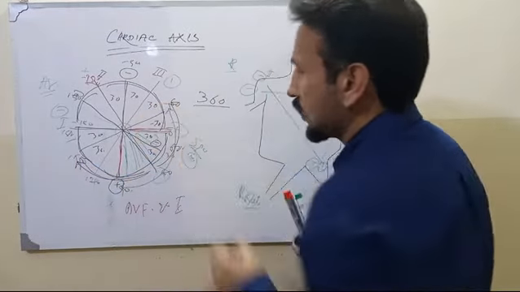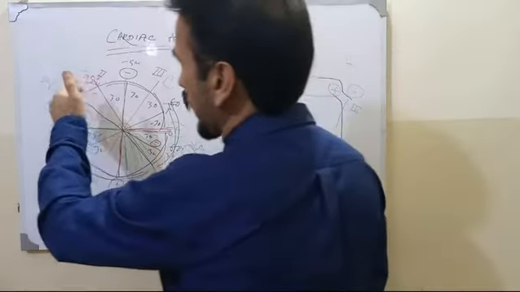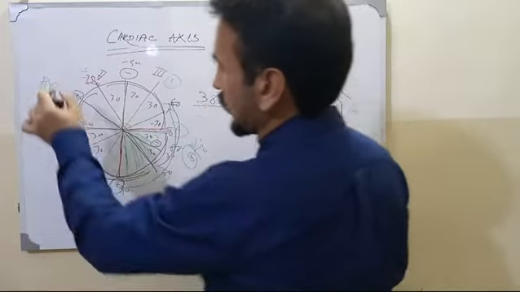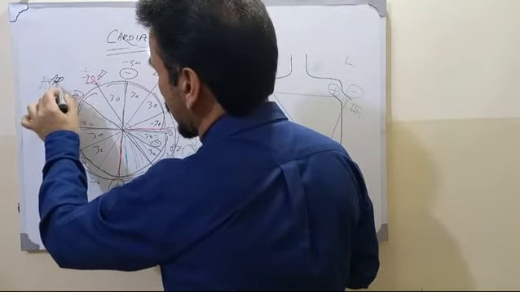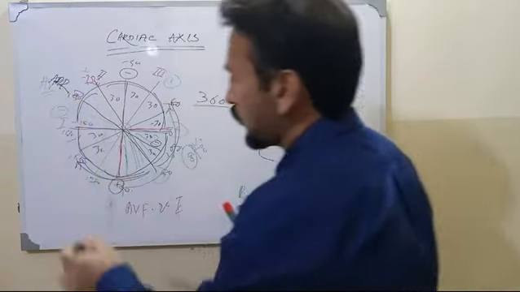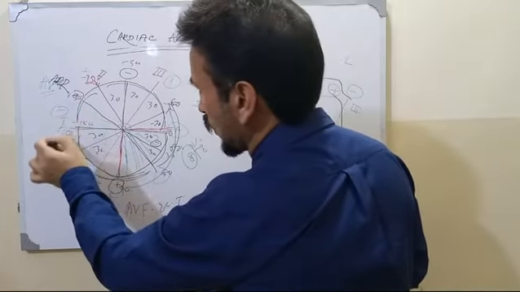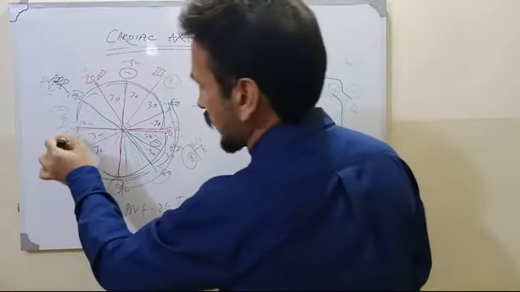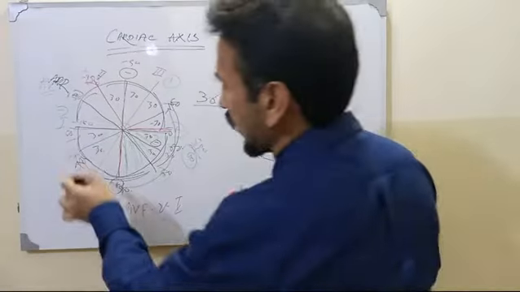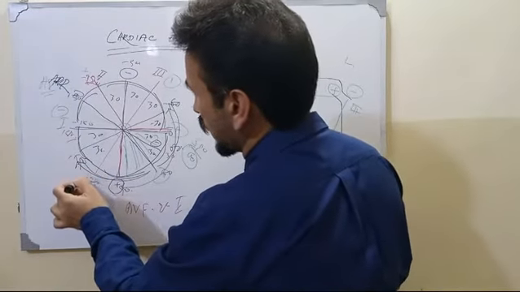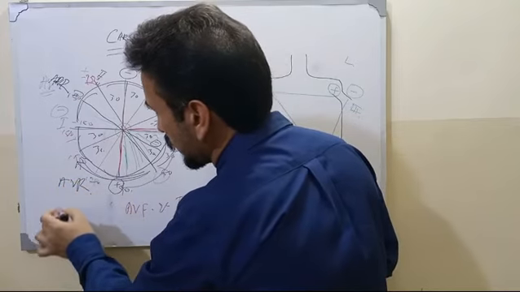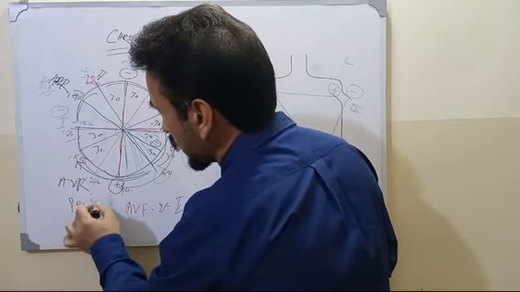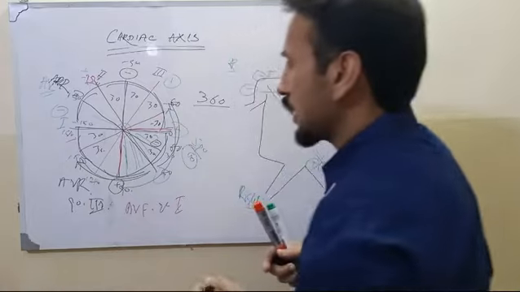And similarly the other vectors, for example, the AVR, this is the AVR, this is 150, so 180, 30, and this is lead 3. So the AVR is lying at an angle of 90 degrees to lead 3, right?